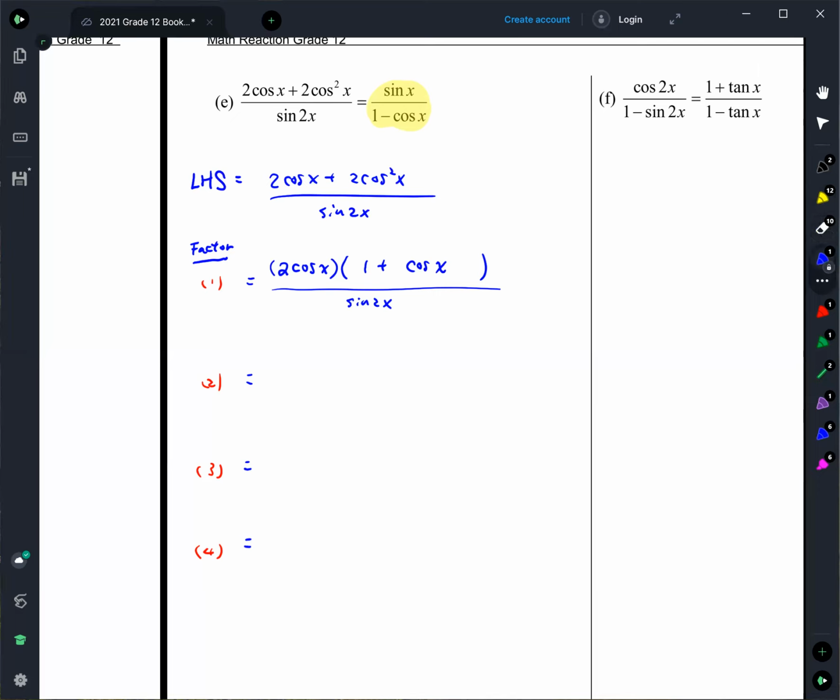What should we do now? Step 2. Anything special in the expression here? Any identities?